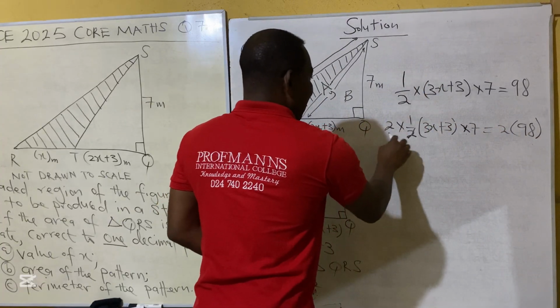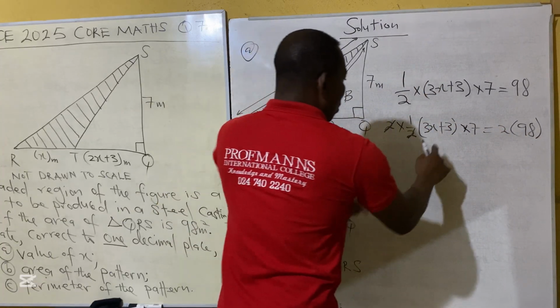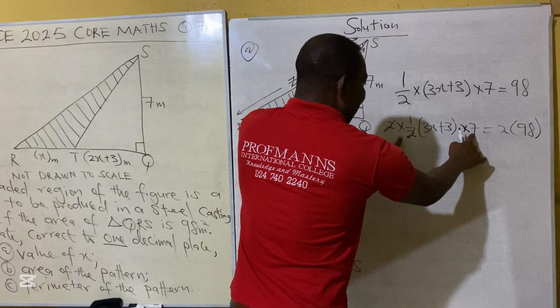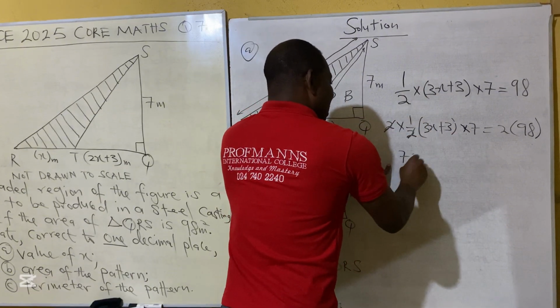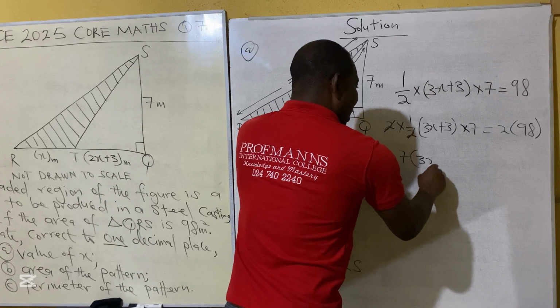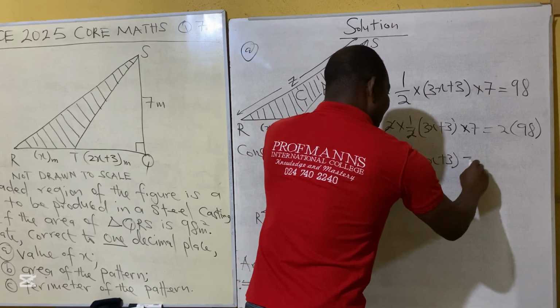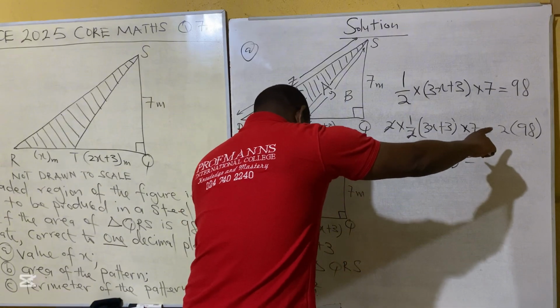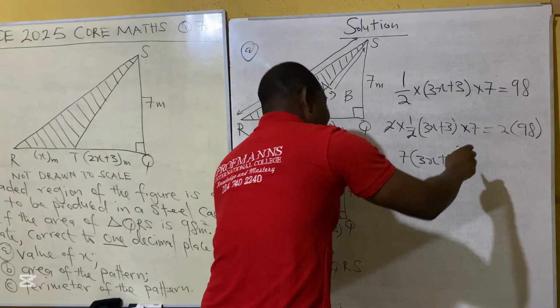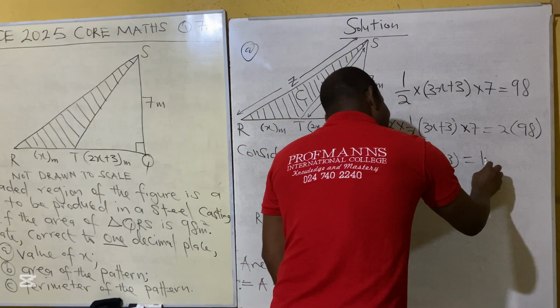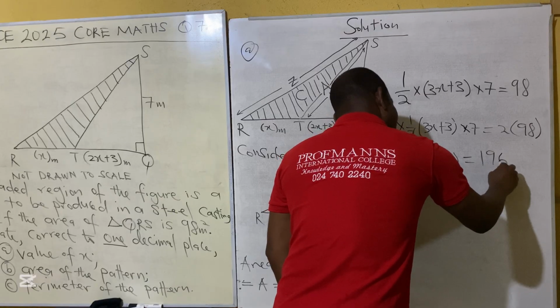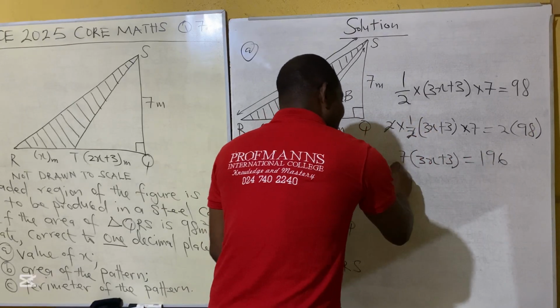Now, 2 cancels the 2. So here we have 7 times 3x plus 3 being equal to 196.